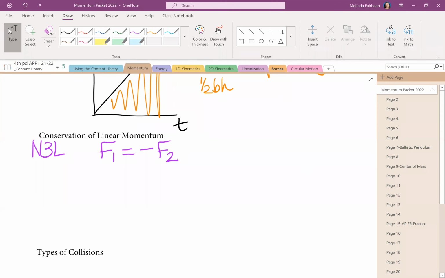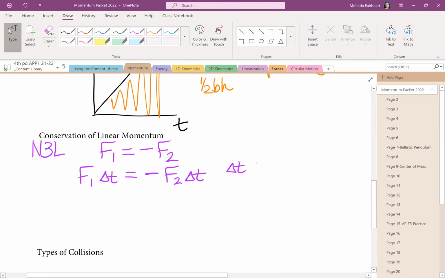So the bat hits the ball. They exert a force on each other. Newton's third law says those are equal forces. Well, what if I multiply both sides by that time elapsed? And so I know it looks like I'm adding 2, but if you multiply the left side, you got to multiply by the right side, and we keep our equality, yes? So the delta t in both of these is the same on both sides.